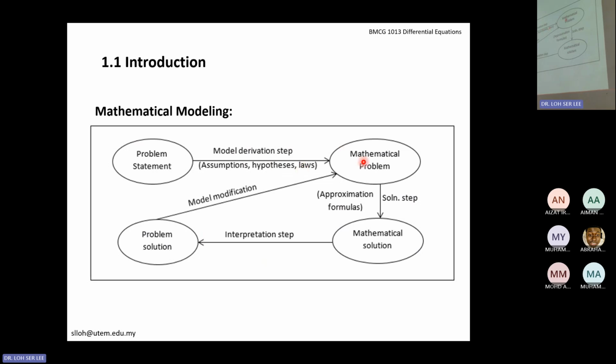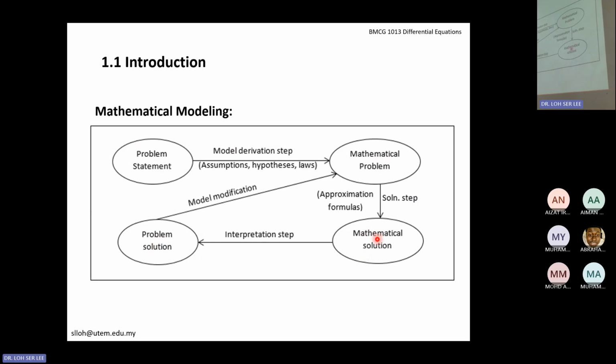Then we get the mathematical problem. From the problem statement, we can form a mathematical problem, and this mathematical problem is the differential equation. We will solve the differential equation to get the mathematical solution. This is what you are going to learn. And you will also need to know how to interpret your result.